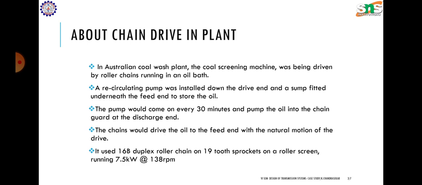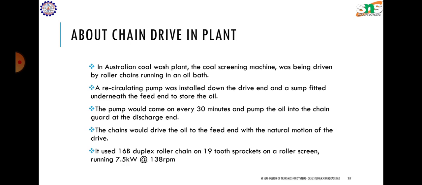Again it is recirculated using the pump. This process takes place every 30 minutes, as given here. So in an Australian coal wash plant, the coal screening machine was being driven by a roller chain running in an oil bath. A recirculating pump was installed at the drive end and a sump fitted underneath the feed end to store the oil.